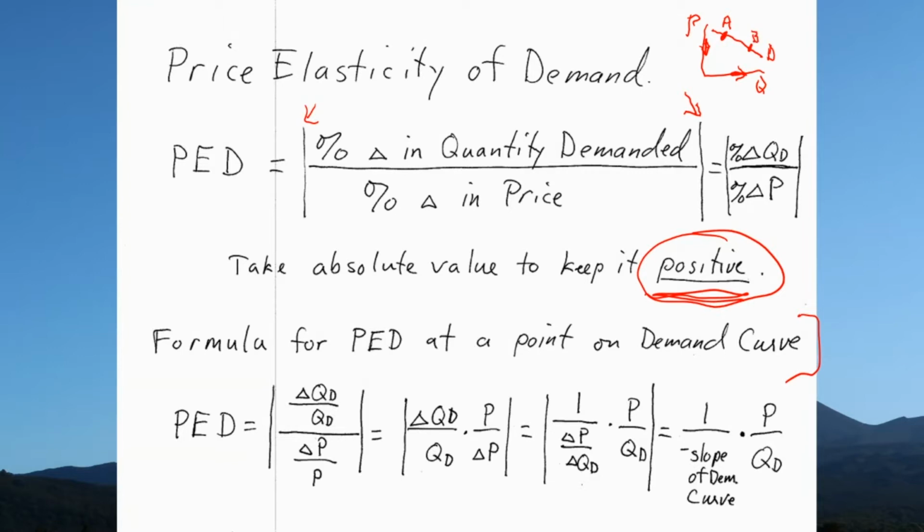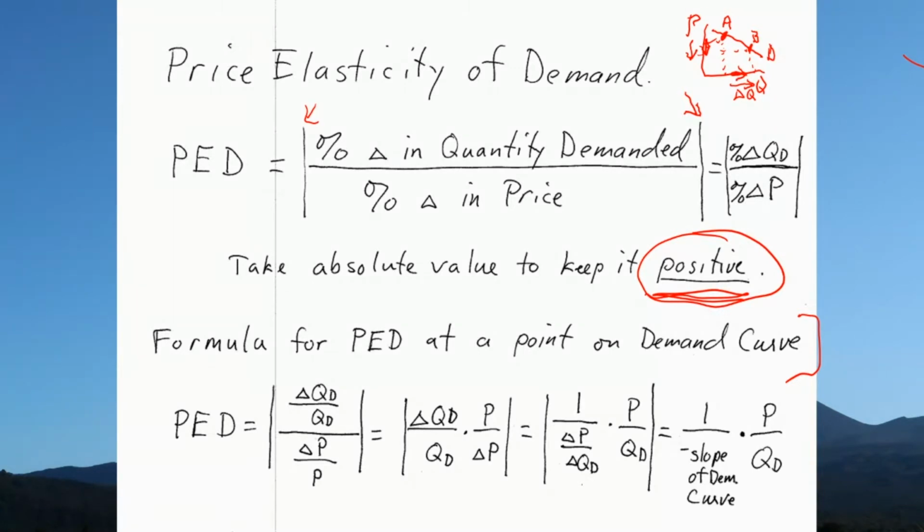So one way we could calculate the elasticity between A and B is we could figure out from a demand curve, well, what is the change in price, quantity here, and let's compare it to the change in price in percentage terms as we move down from A to B. All right, so we could find our initial value is at A, we've got a price, we've got a quantity. Our new value is at B, we've got a price, and we've got a quantity. So we could calculate the percentage change in quantities and prices, form the ratio, get a measurement for elasticity.